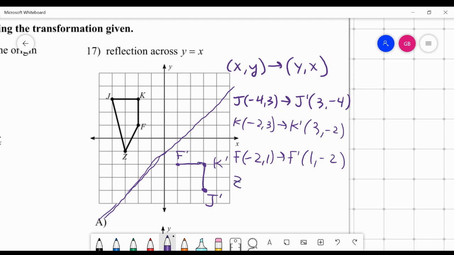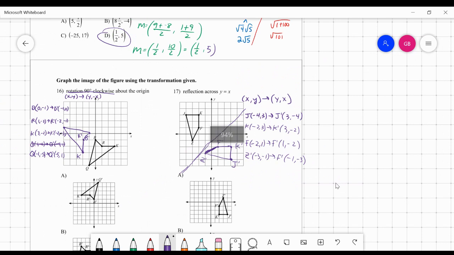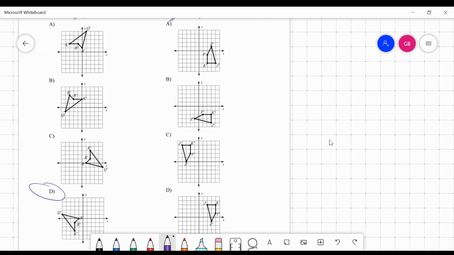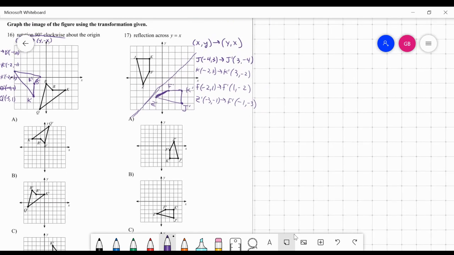And then finally Z is (-3, -1), so Z prime is (-1, -3), which is here. Alrighty, so that's going to be option, looks like it's B. Yep, option B.